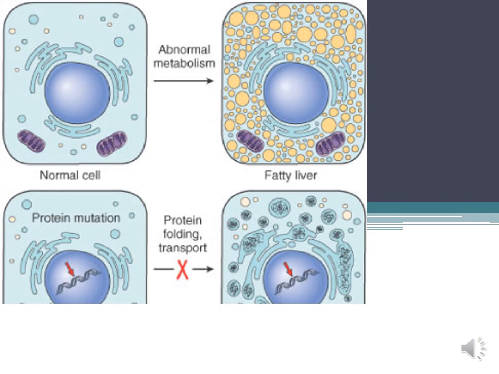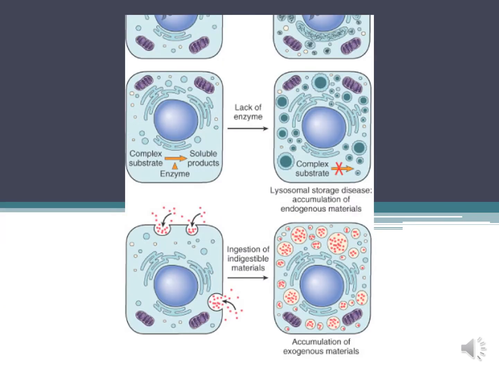Here on this picture on the left, we see a normal cell, and on the right, we see the cell with lipid accumulation within the cytoplasm in case of fatty liver.